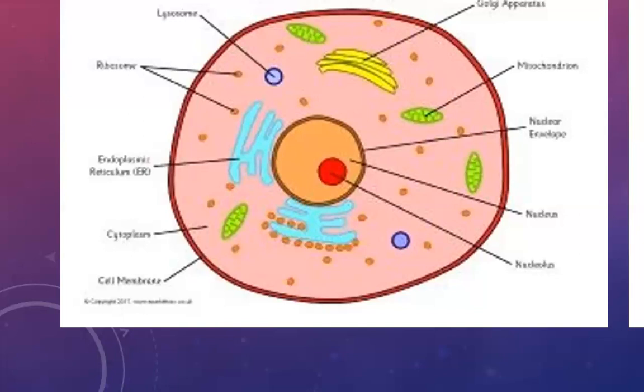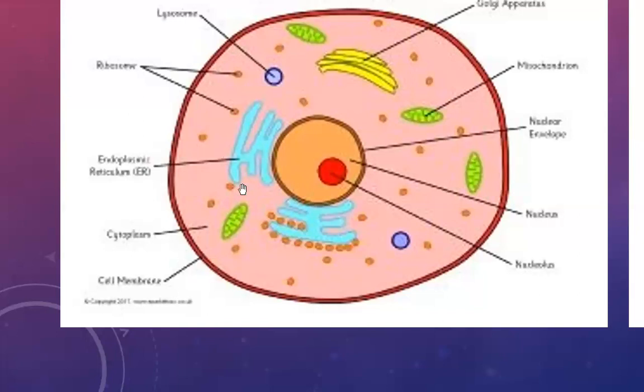Mitochondria are present in animal cells, they're present in plants, but not in the bacterial cells. Mitochondria is also known as the powerhouse of the cell, and the function is to generate energy. As I told you, we will be looking into functions in detail. Firstly, we have to look into the different parts. A number of features are also shown here, but I will not be focusing on them.